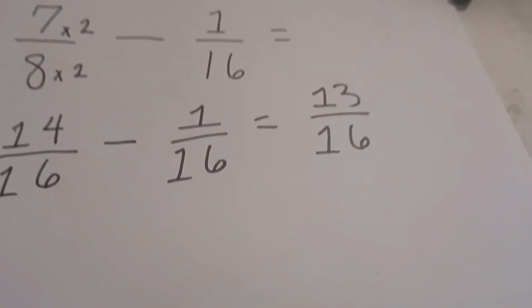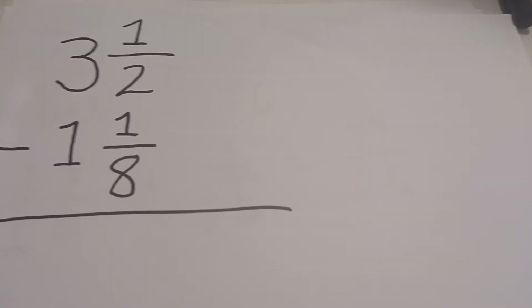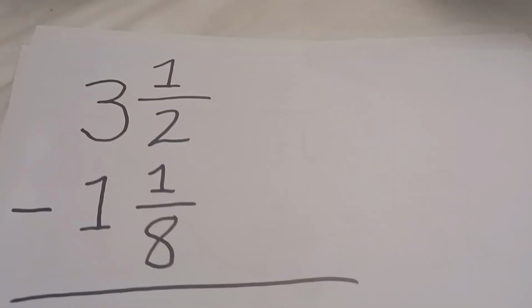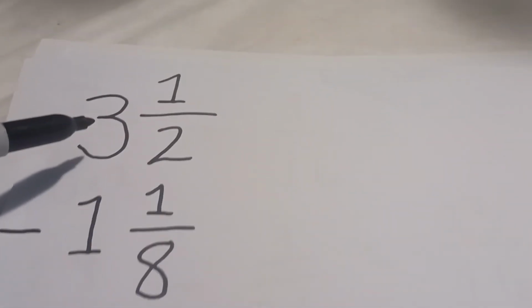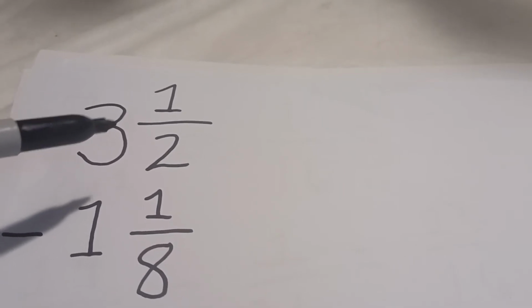Now let's move to a problem dealing with mixed numbers. This is called a mixed number because you have a whole number here, which is 3, in conjunction with a fraction. A whole number attached to a fraction is called a mixed number.